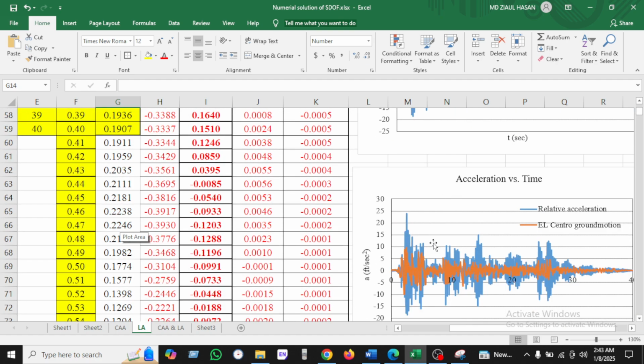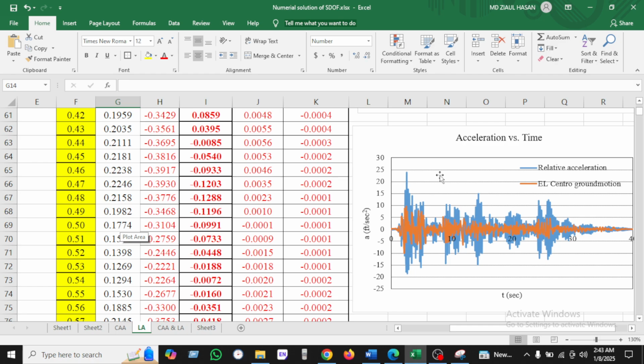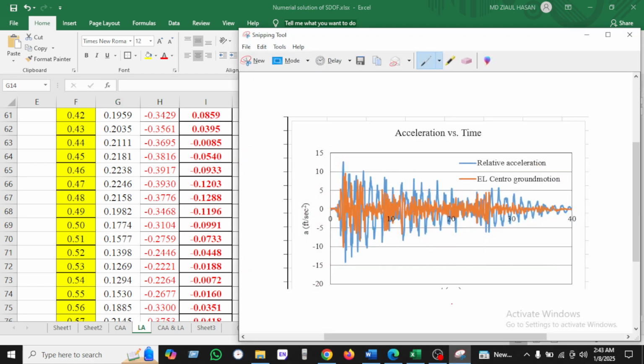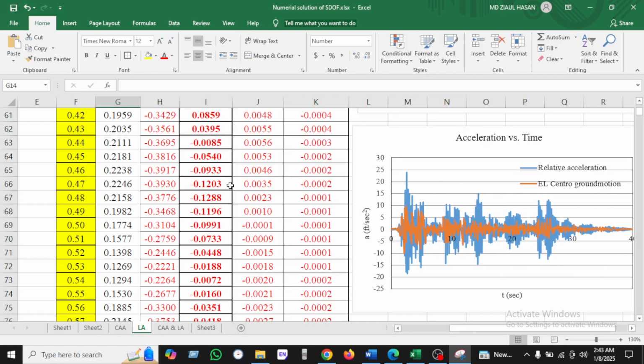So we are seeing the major change here, as I am taking the snap and pasting it here again.